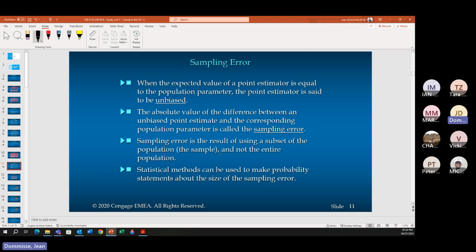Please, this is one of the things that is very important: sampling error. I've seen in all the last few assignments and in all of the exams, this is something that they like to ask.